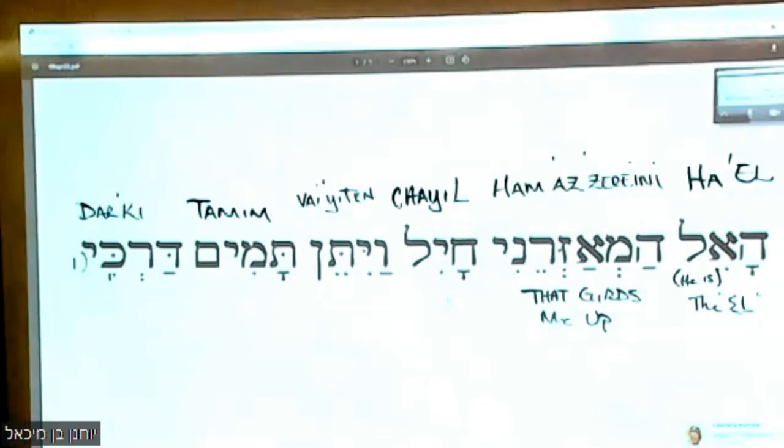So in here, it's really being translated as, how is he girding you up? He's doing it mightily, with strength, right? He's the one that girds me up. And we can say with strength. Yeah, we can put the with in parentheses. So he is the El that girds me up with strength, comma.